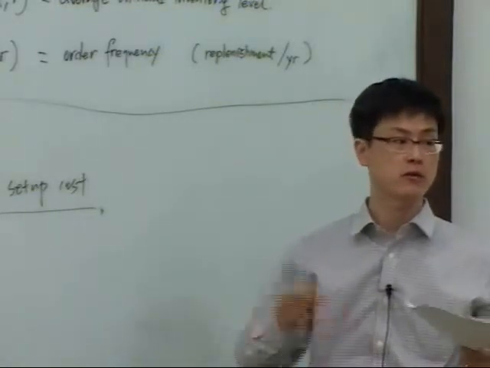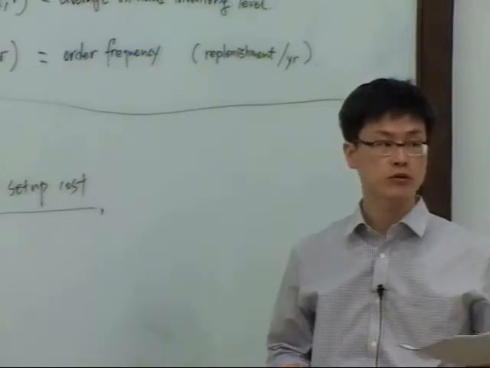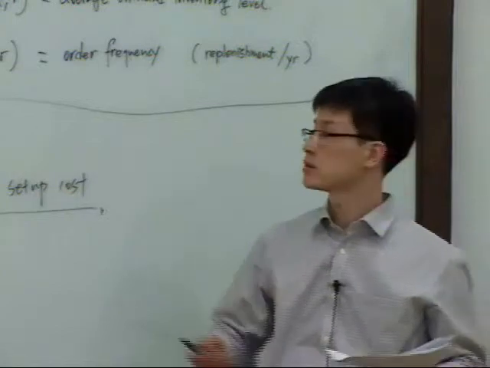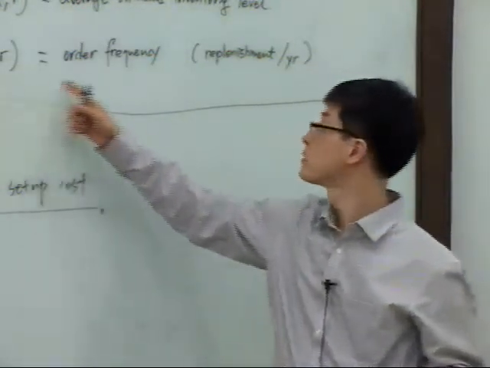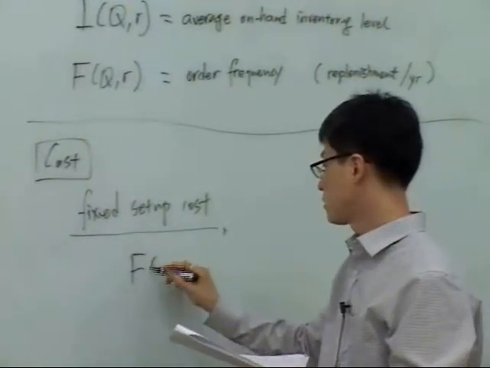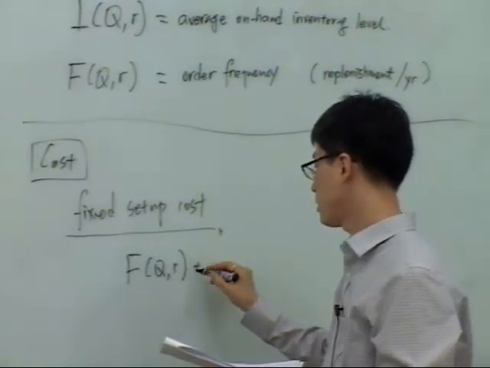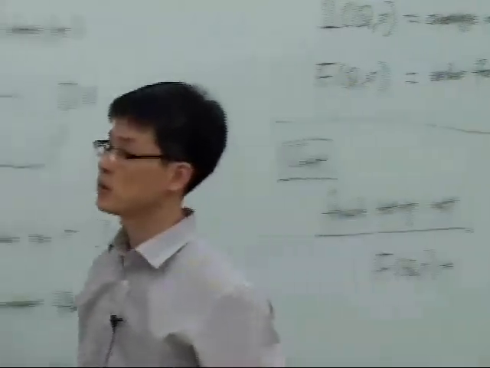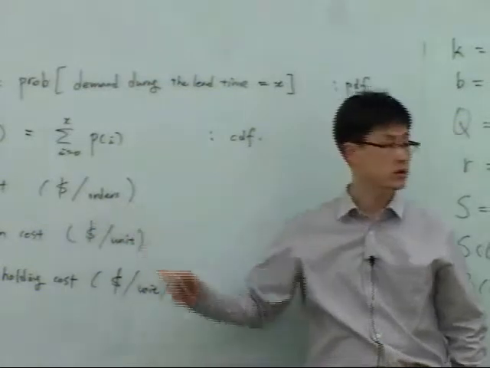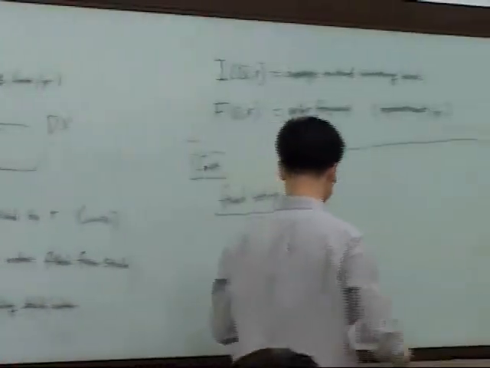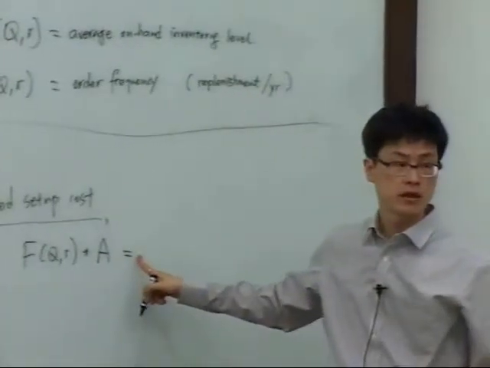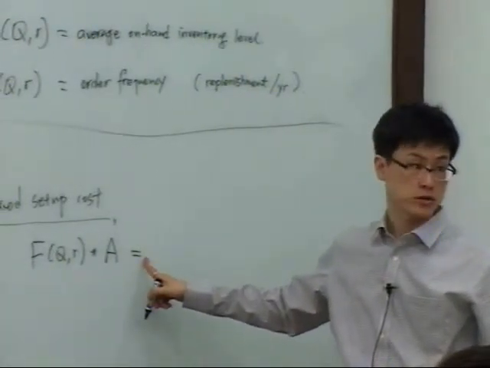Year is our planning horizon. So how many orders do we put per year? It is F, also a function of Q and R, times A, the setup cost per order. Then it's the annual setup cost, right?